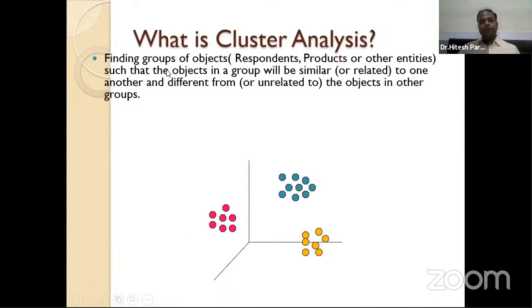So we are finding groups of objects, respondents, products or other entities such that the objects in a group will be similar to one another and different from the objects in other groups. Between two clusters there will be heterogeneity, and within a cluster you can observe homogeneity.